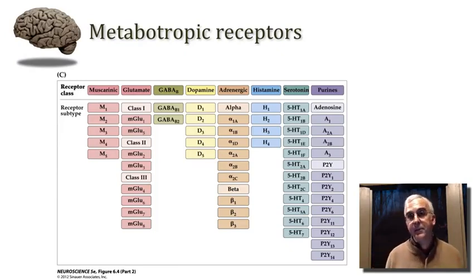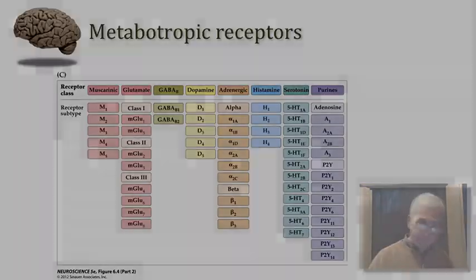So there's a variety of metabotropic receptors for a large family of small molecule neurotransmitters, as well as for our peptide neurotransmitters. And the complexity of this system is just now beginning to be appreciated. What's important for you to take away is the idea that the metabotropic receptors give rise to these more slowly evolving but potentially much more long-lasting effects of the binding of a transmitter to its receptor.